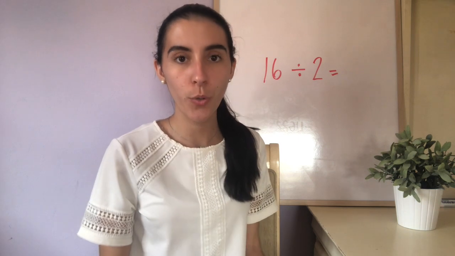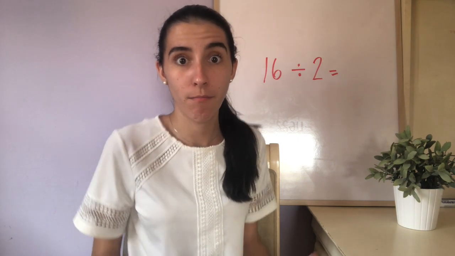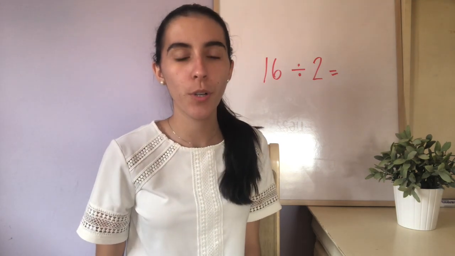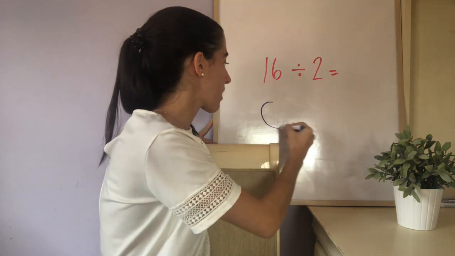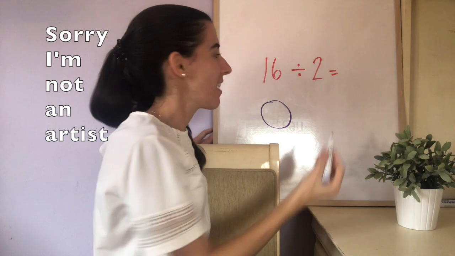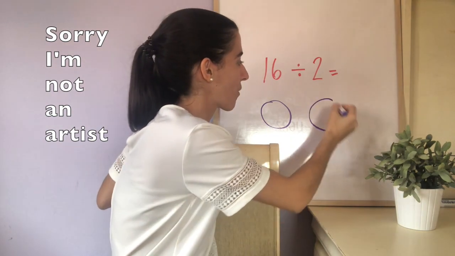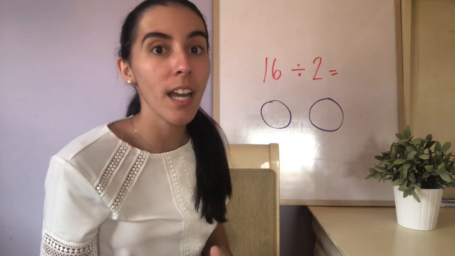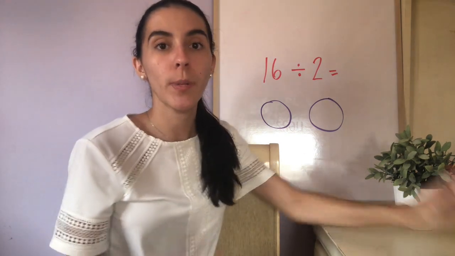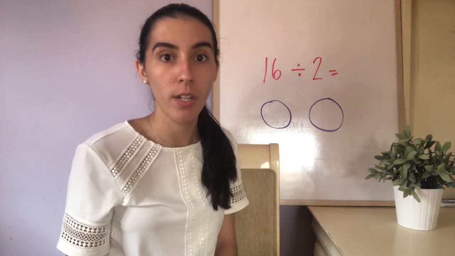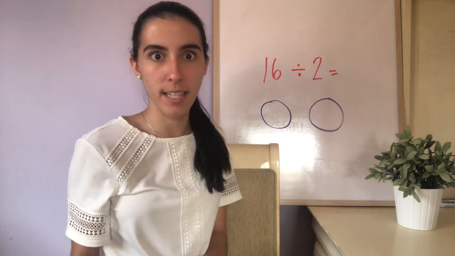A strategy you could use to divide is draw. So I am going to draw. I know that there are two friends, so I'm just going to pretend like this is one friend and this is another friend. Then I am going to equally or evenly split the crayons between each person until I get to 16.